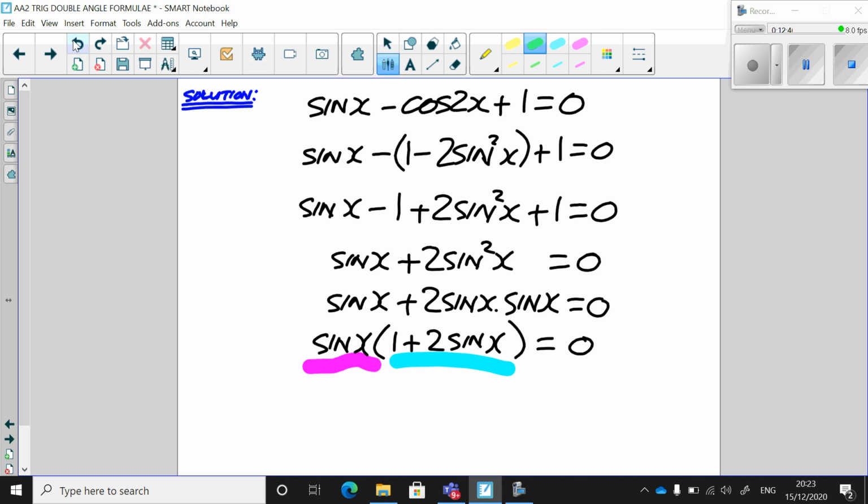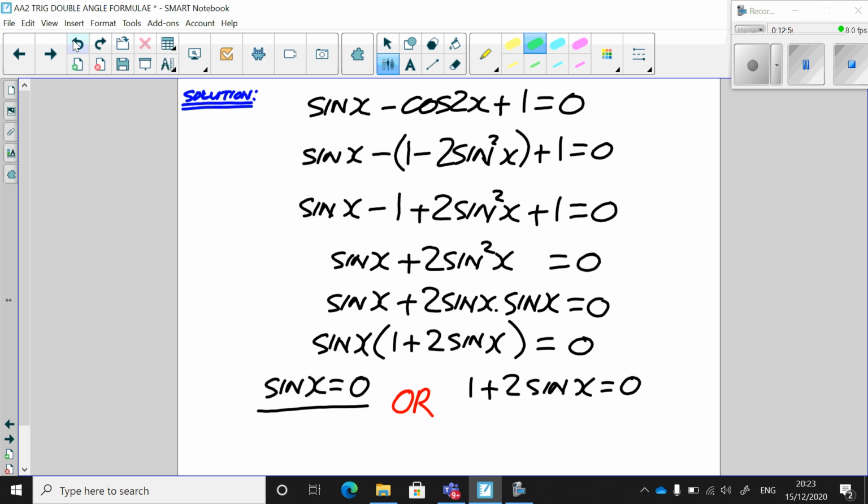Sine x is equal to 0, or 1 plus 2 sine x is equal to 0. So that's what's going to happen next. We're going to separate and solve. SAS, separate and solve. Sine x equals 0, that suggests a graph here. 1 plus 2 sine x equals 0, that suggests messing about with it to get sine x on its own. So I've done that there. We should be able to do that.